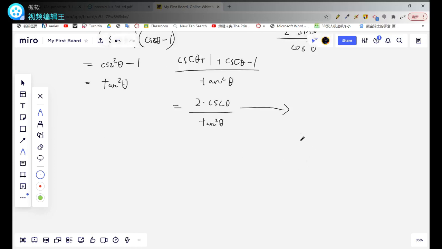We simplify this into 2 times, okay, so basically this is 2 over sine theta times, and tangent is basically sine over cosine, in this case sine squared theta over cosine squared theta, right?